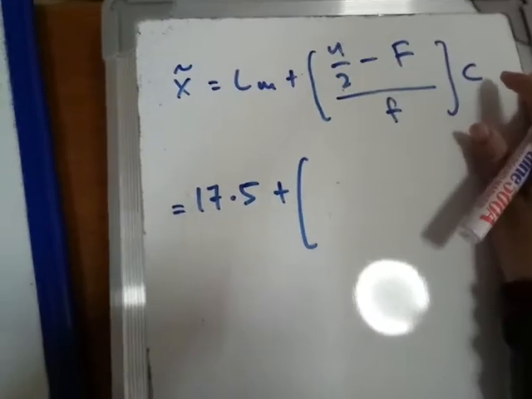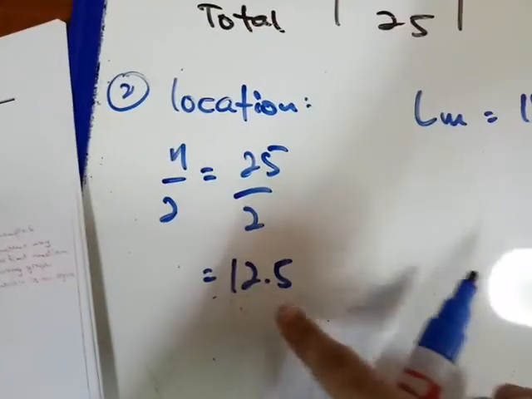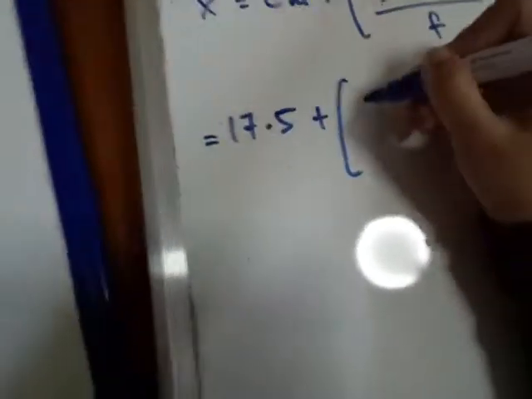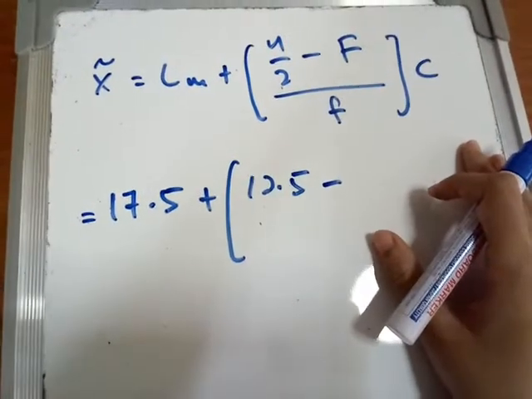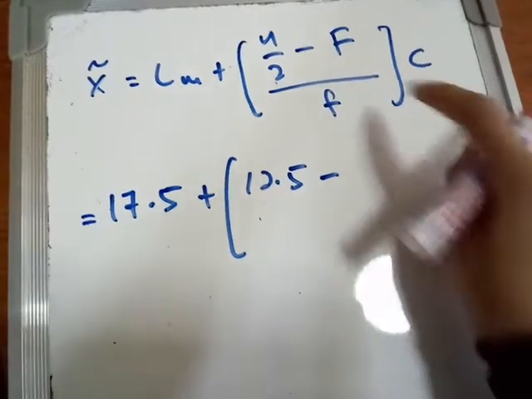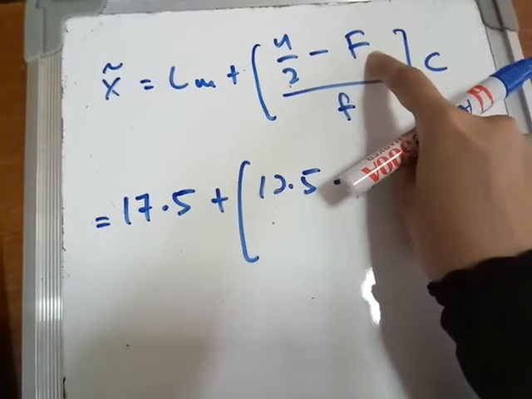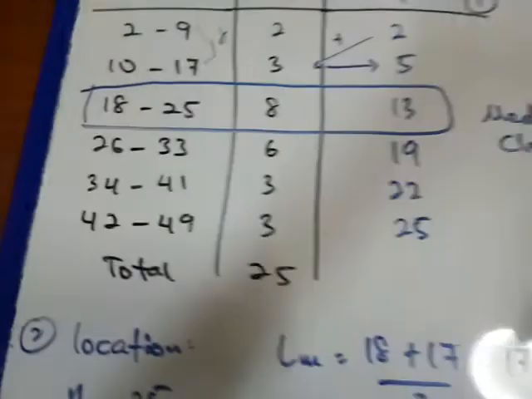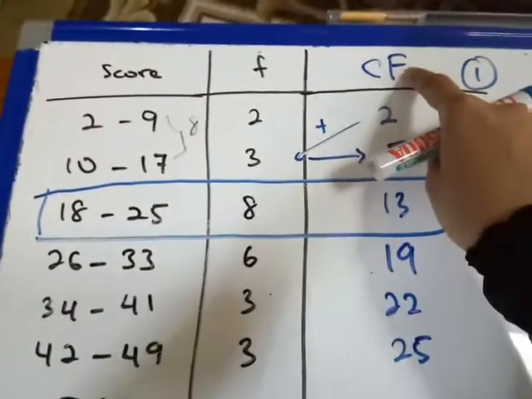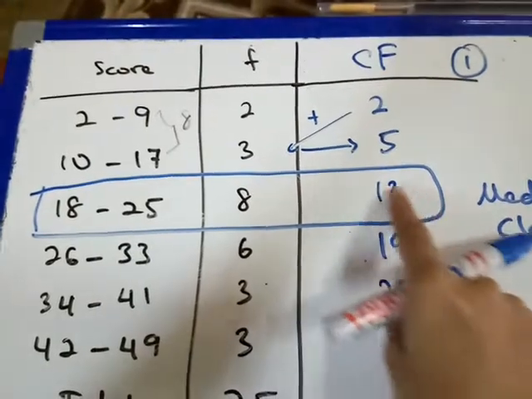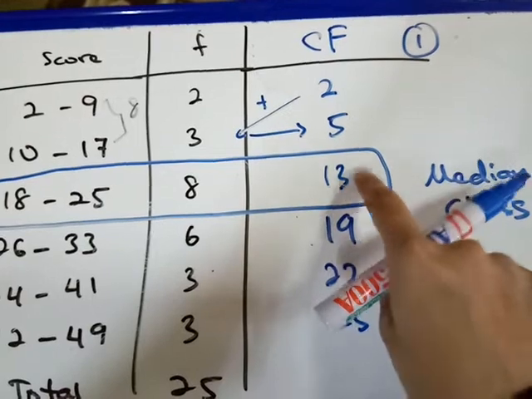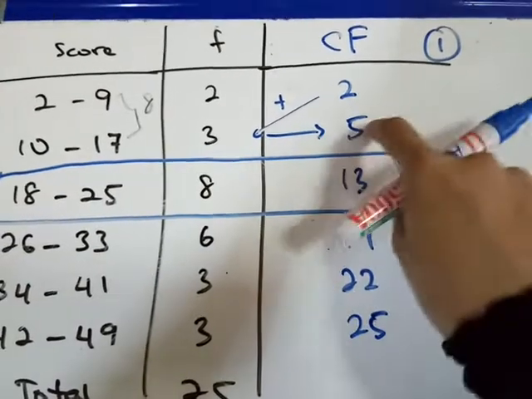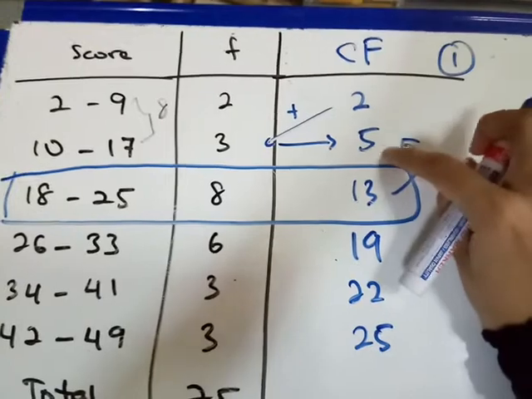The location, which you have already calculated: 12.5. Hopefully you understand. And then capital F. What is capital F? The cumulative frequency before the median class, which is 5.